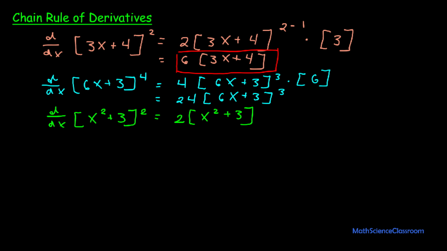So notice we haven't changed this to the first power, or the 2 minus 1. We haven't changed the inner function, and now we multiply by the derivative of the inner function. So times 2x equals 4x times (x squared plus 3). And that is the solution.